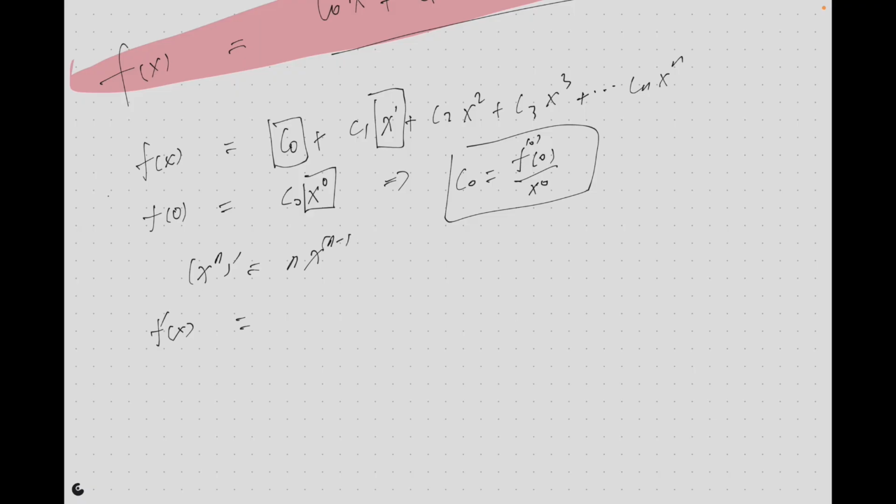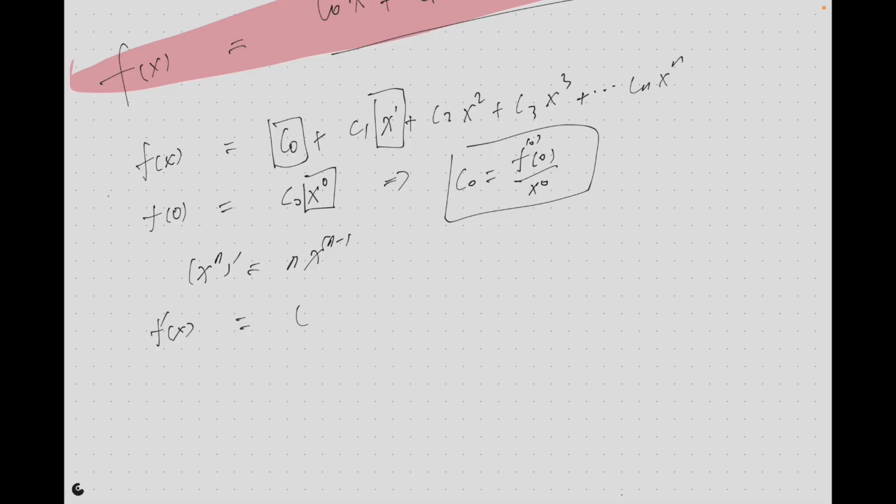So we take the derivative of both sides. The left side becomes f prime of x, and c0 is a constant.